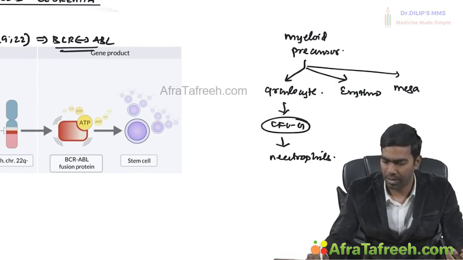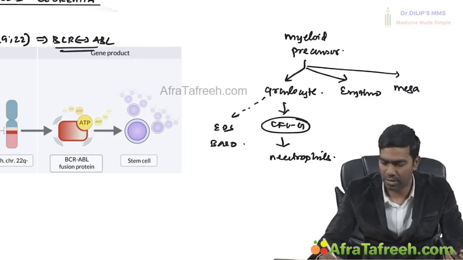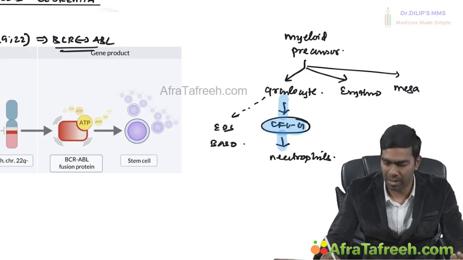But remember, I'm intentionally not talking about this, because the granulocytic lineage can form eosinophils and basophils also. I'm not going to talk about that. My area of concern here will be the granulocyte forming the neutrophils, this colony forming unit G forming the neutrophils. Remember, there is something called an ABL kinase.